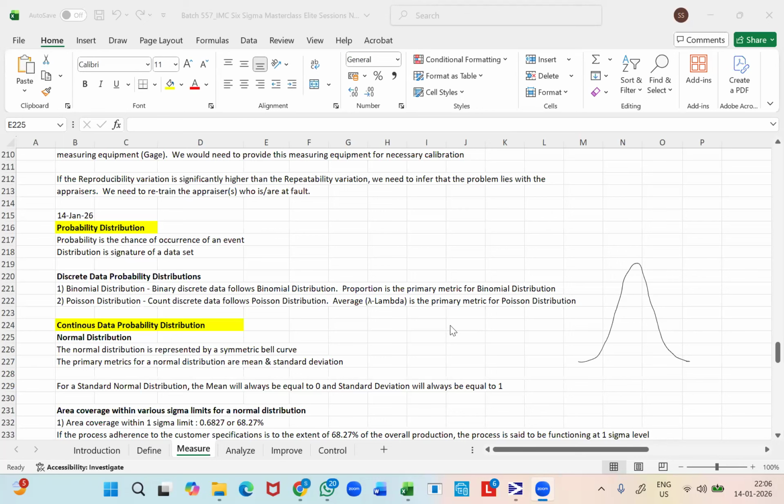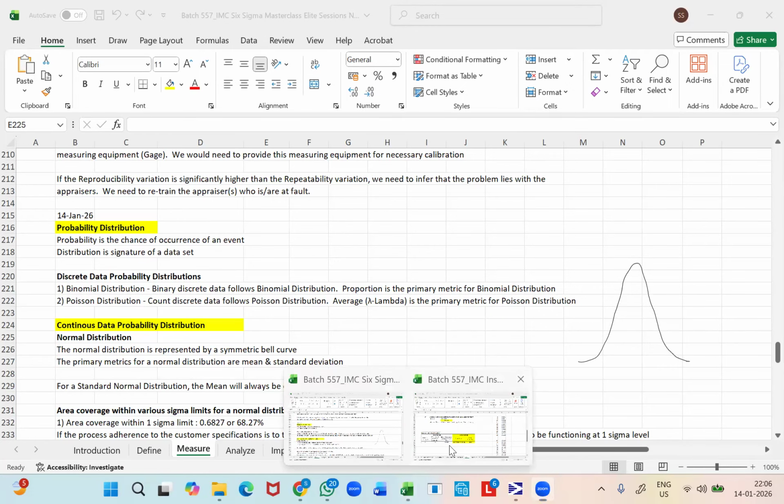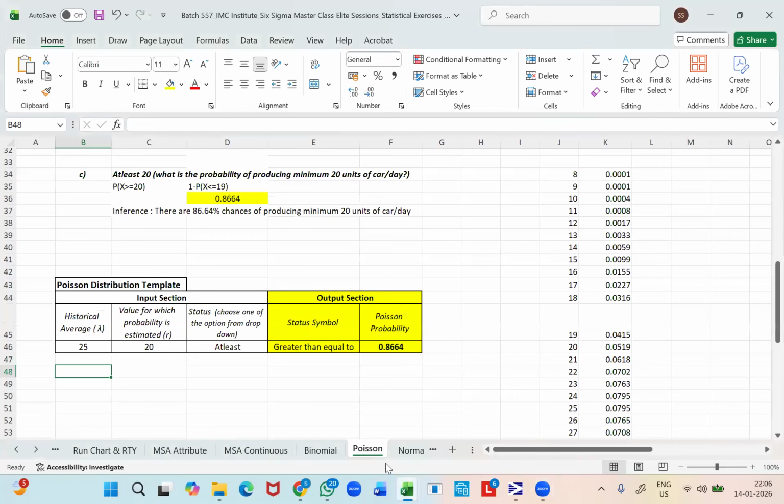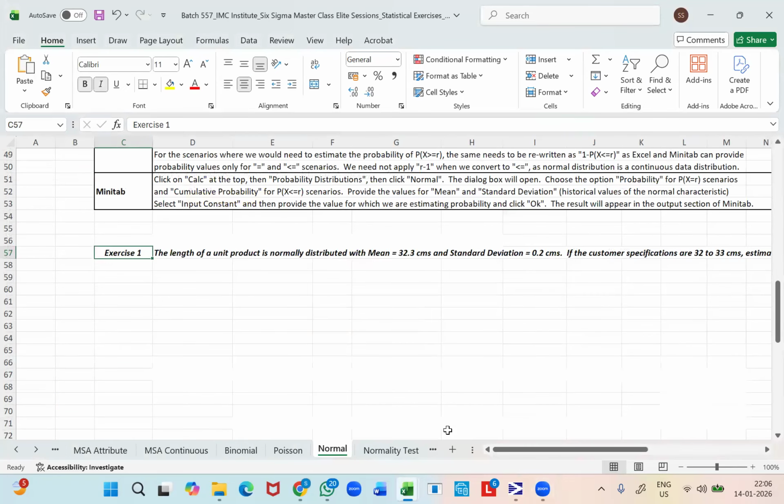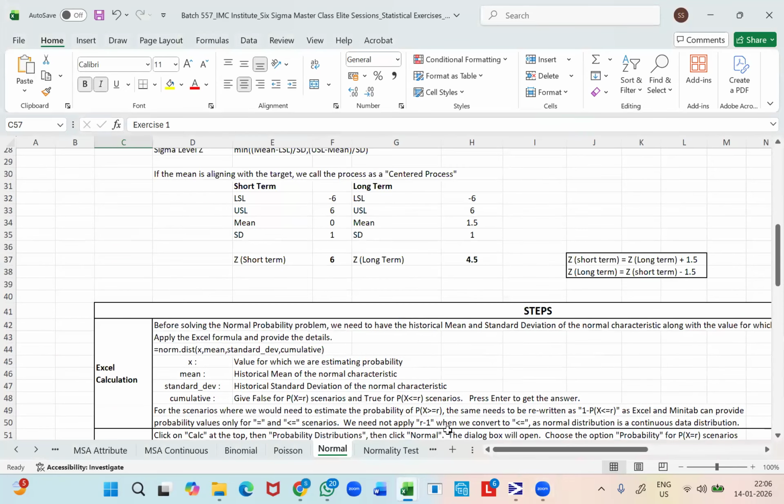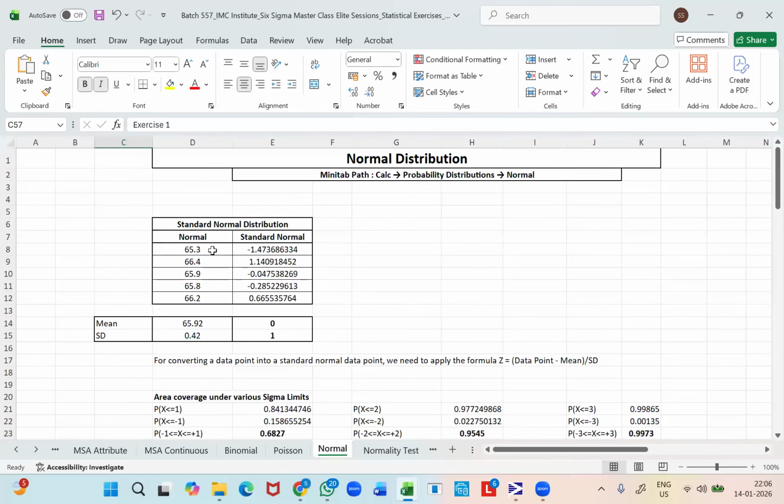For a normal distribution, the historical performance will be given in terms of mean and standard deviation. So before we venture into normal distribution properties, we will look at what is called the standard normal distribution. So go back to the exercise file. We will look at the standard normal distribution first, and then we will look at the properties of normal distribution.